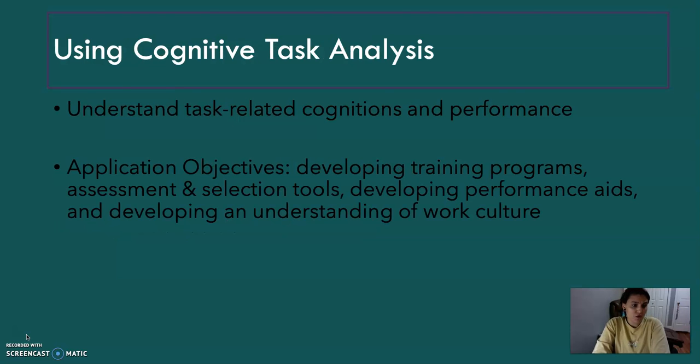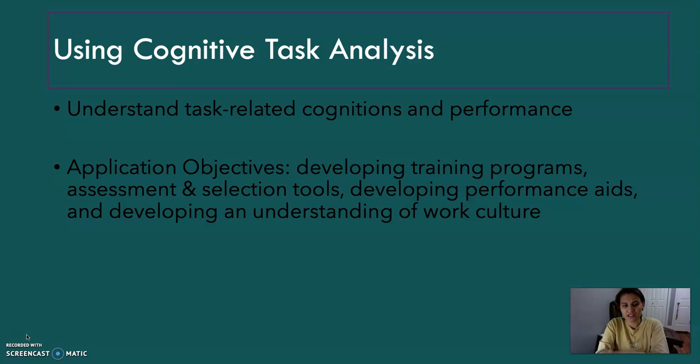Okay, so purposes and application. Cognitive task analysis is to understand cognitions and task related things, like creating goals, making decisions, forming judgments, and also the skills that are needed.